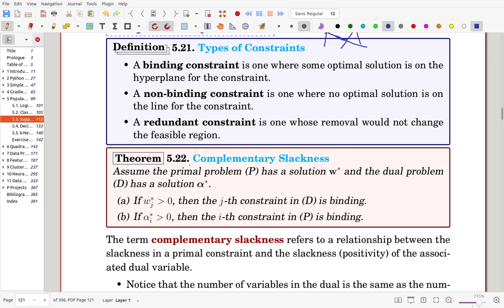Assume the primal problem P has solution W star, and the dual problem has solution alpha star.